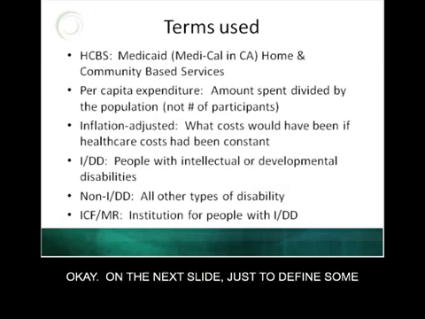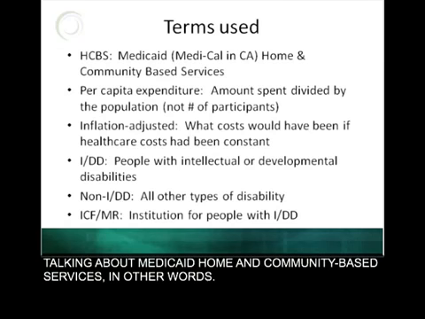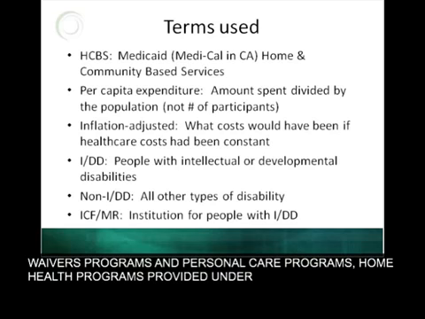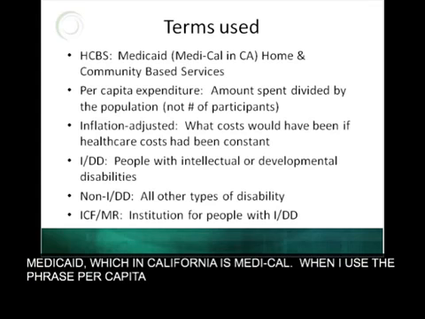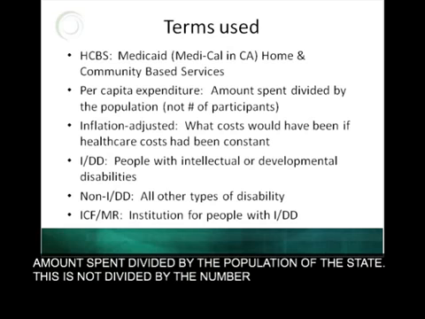Okay, on the next slide, just to define some terms, what are home and community-based services? When I use the phrase home and community-based services, or HCBS, I'm talking about Medicaid home and community-based services. In other words, waiver programs and personal care programs, home health programs provided under Medicaid, which in California would be Medi-Cal. When I use the phrase per capita expenditure, I mean the total budgeted amount spent, or the total amount spent divided by the population of the state.